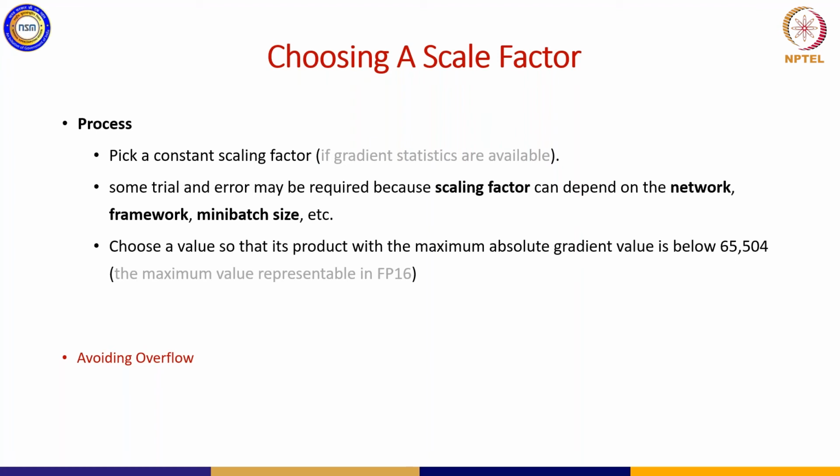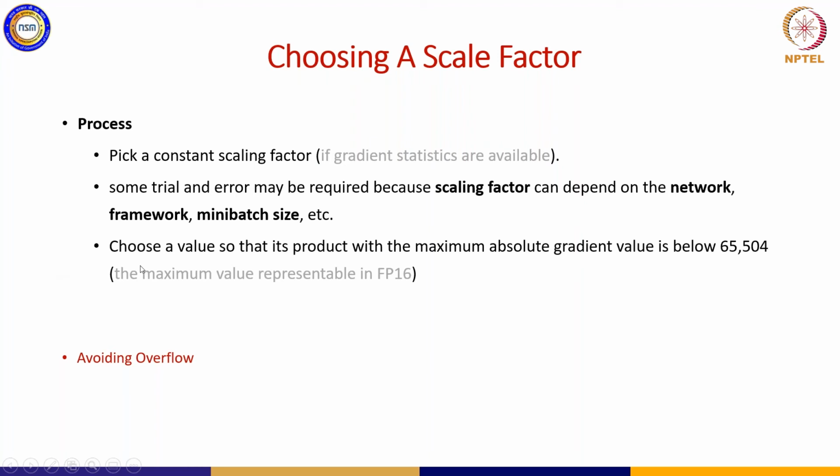Now, why do you have to use trial and error? It is because this scaling factor depends on other factors like your network size, that is your model size, the framework you are using, whether TensorFlow, PyTorch or MXNet, and also the size of your mini batch. So that's why you have to try until you get the right scaling factor for the kind of task you're doing.